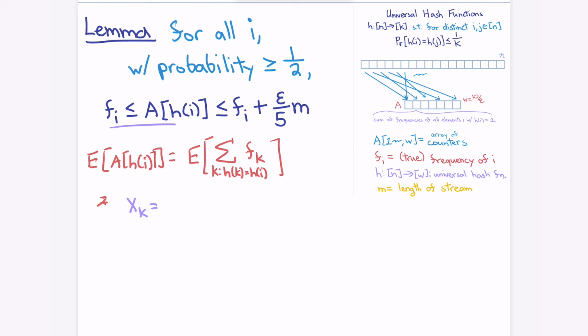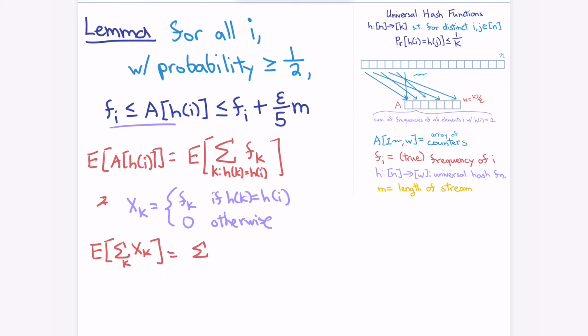So you can define x sub k to be f sub k if h of k is equal to h of i, zero otherwise, so that you get the expected sum of x sub k over all k. And then you can properly apply linearity of expectation. Just a minor technical point.